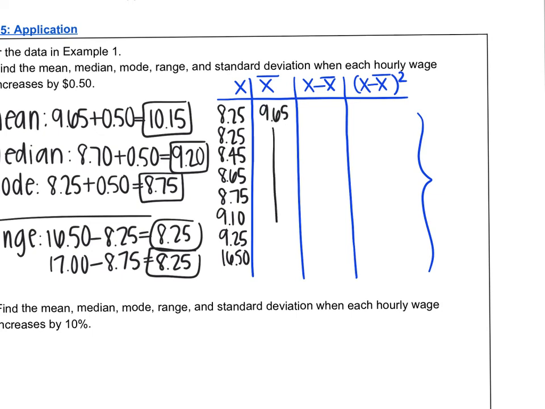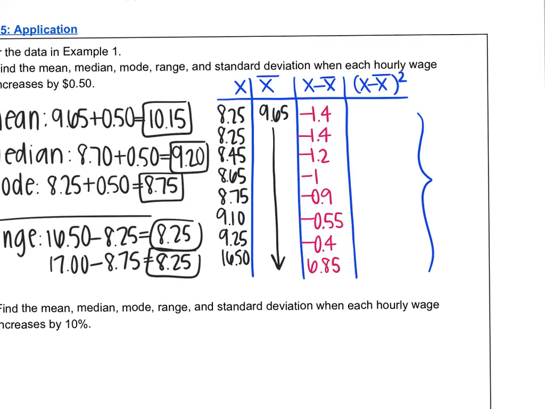I'm going to save myself some time. I'm just going to draw an arrow, and then I'm going to subtract: 8.25 minus 9.65 is negative 1.4. I'll get negative 1.4 again. I'll get negative 1.2, negative 1, negative 0.9, negative 0.55, negative 0.4, and the last one is 6.85.